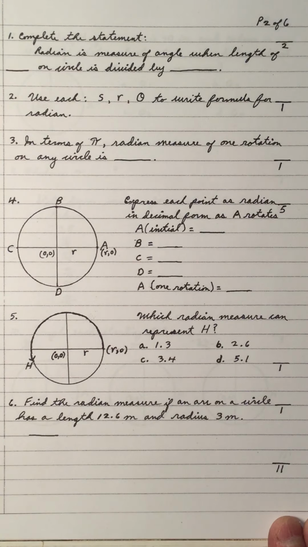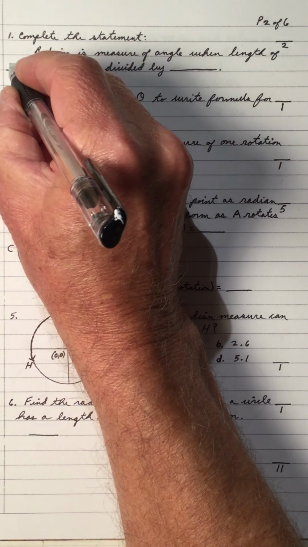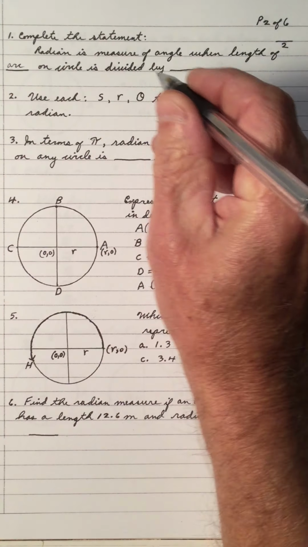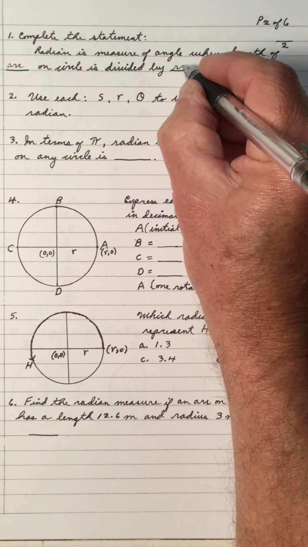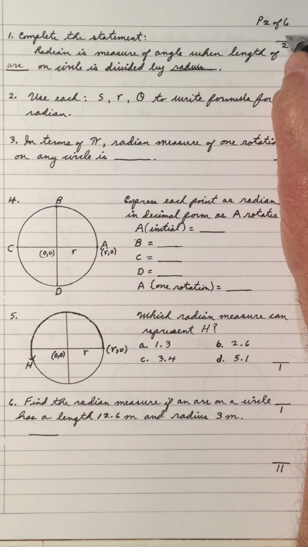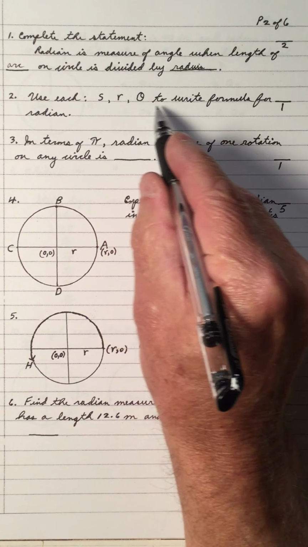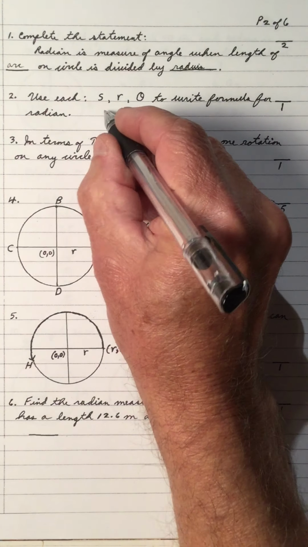Number 1, complete the statement. A radian is the measure of an angle when the length of the arc on the circle is divided by the radius. So if you have arc and radius, give yourself 2 marks. Use each of S, R, and theta to write a formula for radian.